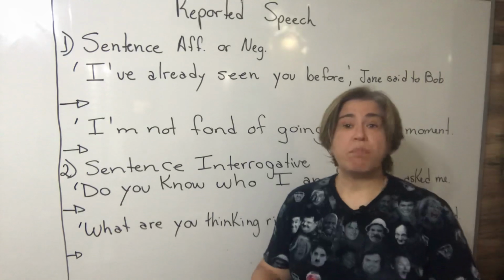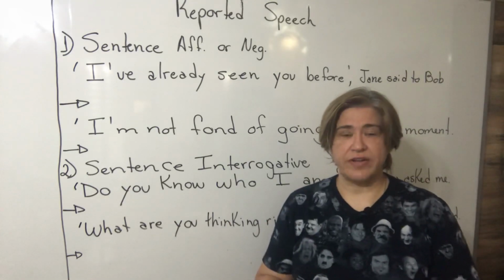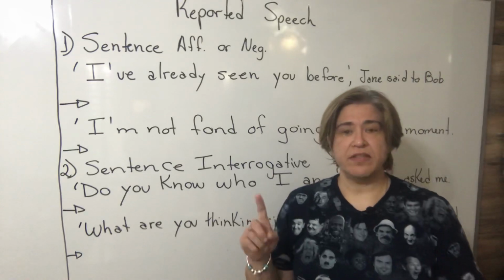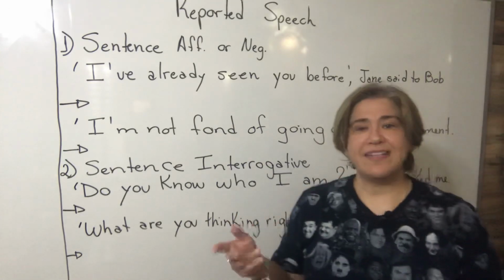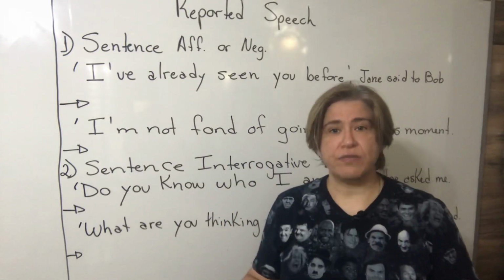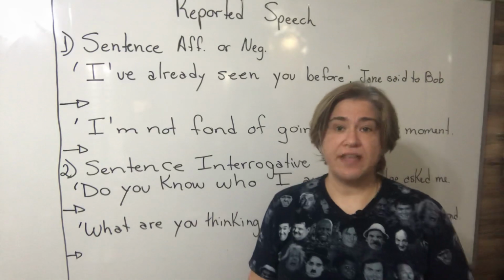When we report, when we retell a story, there is one thing that you have to bear in mind: the verb tenses from the original story must always be spoken in the past.